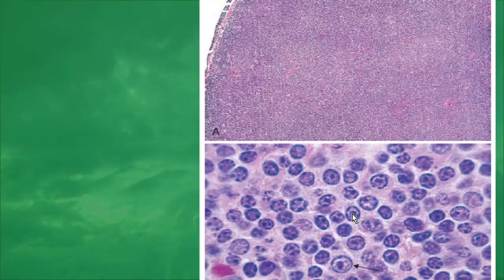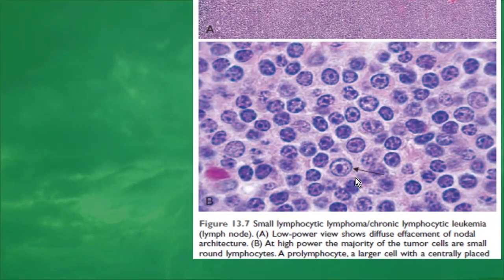See, this is a diffuse effacement of the lymph node by small lymphocytes. These are the classical small lymphocytes of CLL. This is the nucleus. The small dot here is a nucleolus.